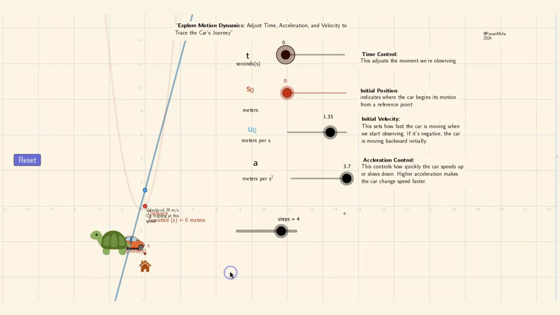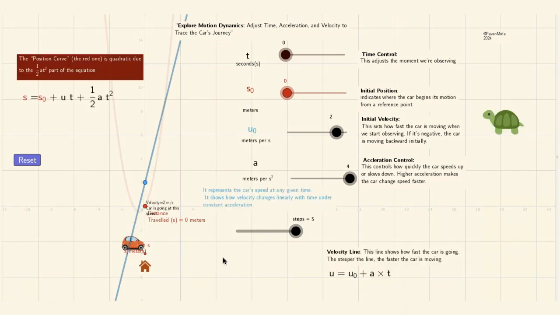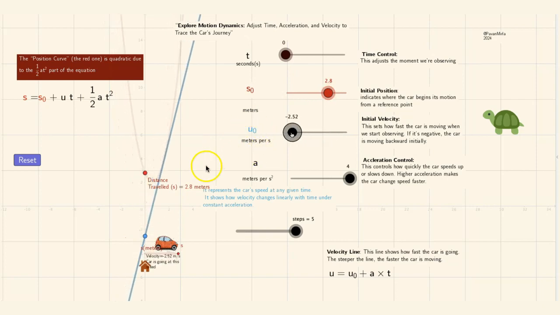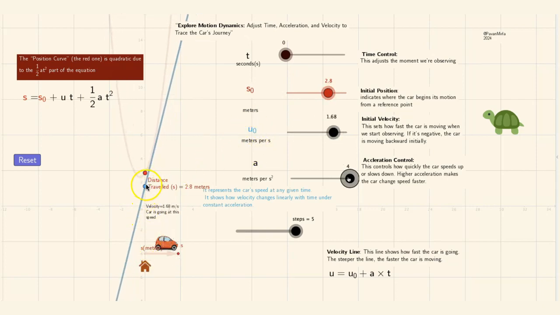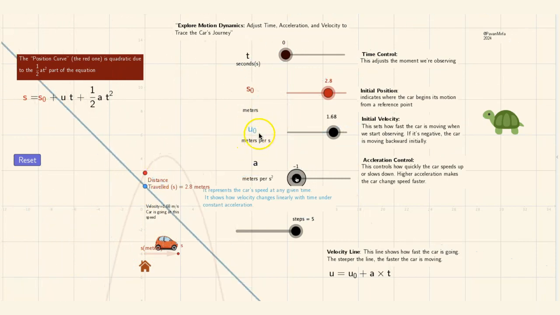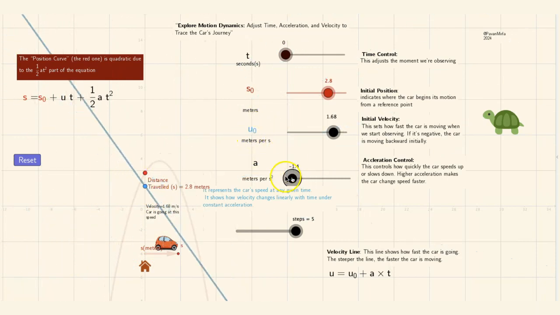Let's wrap up what we have learned. S0 represents where our journey begins, the initial position of the car. U0 is our starting speed. As we move forward in time, the car's velocity U evolves based on its initial speed and the car's acceleration.